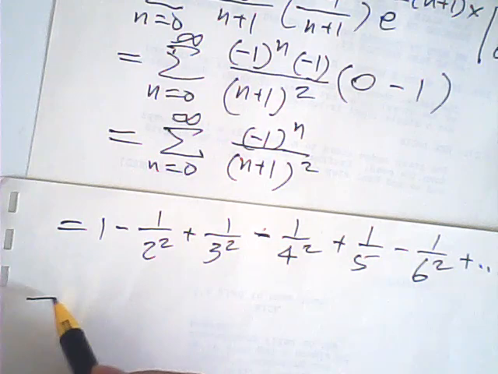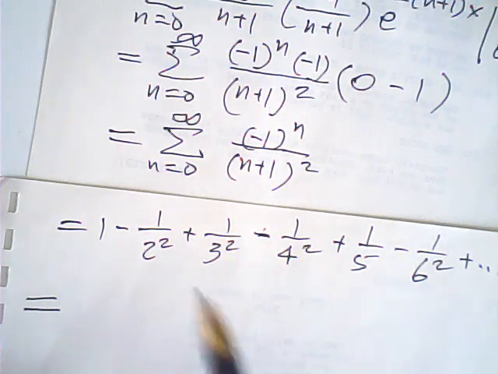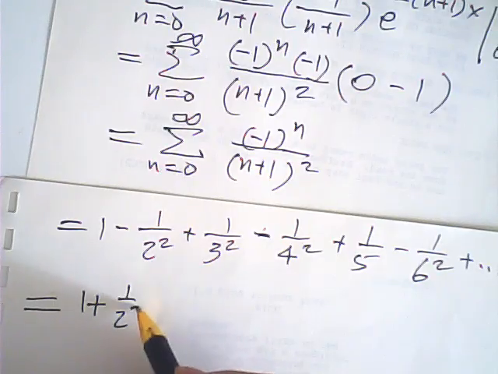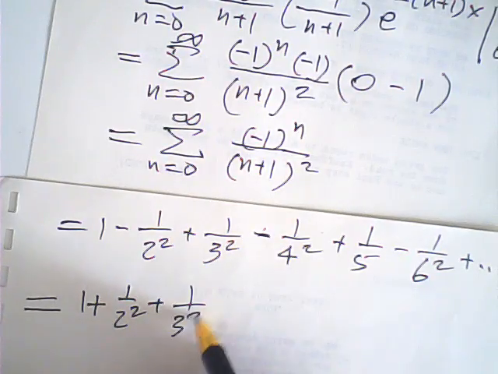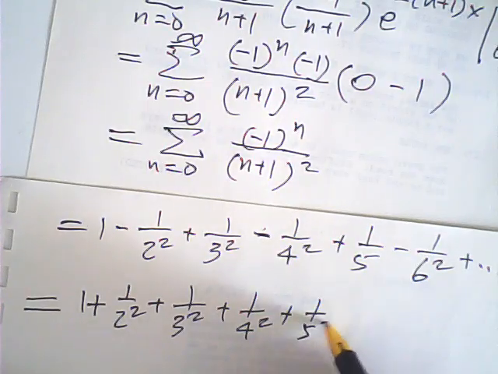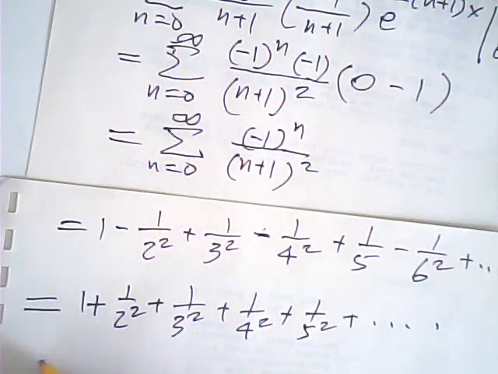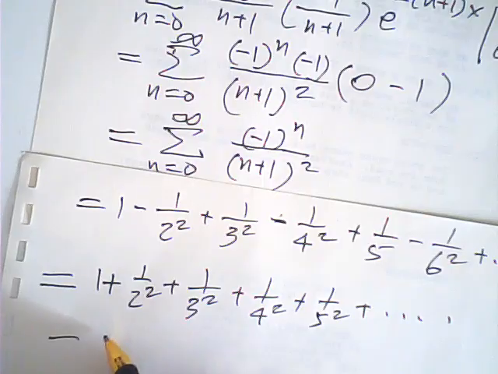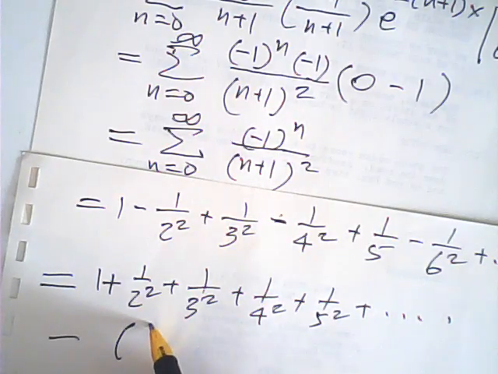Now, how do we calculate this? I'm using this way, okay? This is equal to 1 plus, minus those evens.